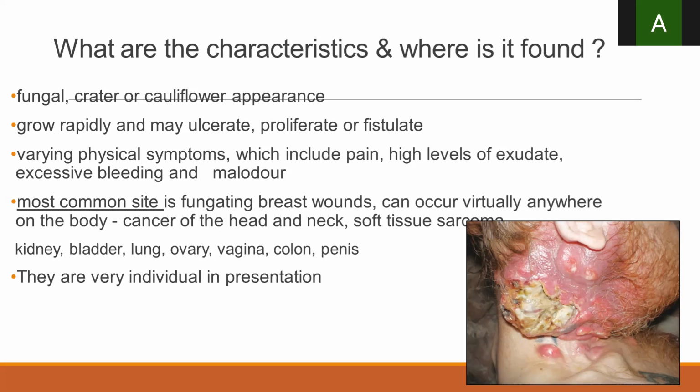It is generally seen in cancer of the head and neck, soft tissue sarcomas, and also tumors in the kidney, bladder, lung, ovary, vagina, colon, penis. Any part of the body can involve this kind of extension on the skin. The presentation is very individual, as we can see here in the neck cancer patient. Next slide, please.